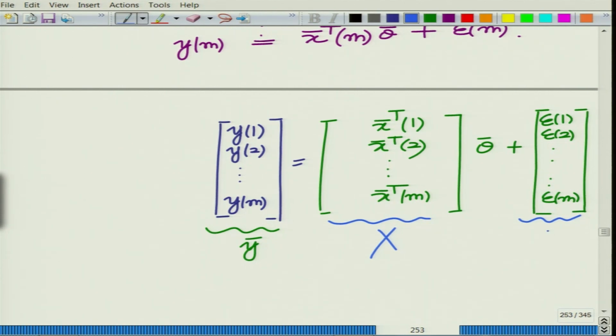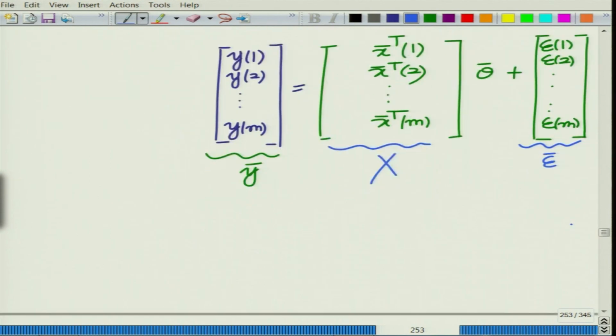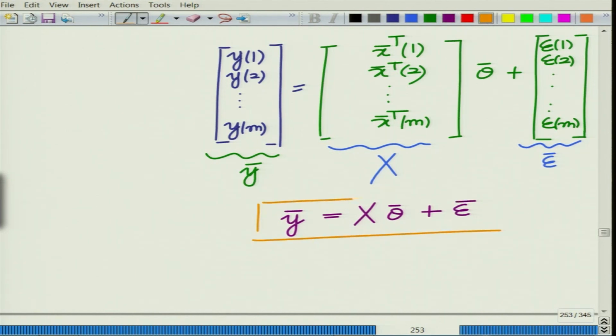This is your vector epsilon bar, which is the error, and therefore, I can write this as y bar equal to X theta bar plus e bar, right. So, this is your model for the training data, all right. So, these are basically the regression outputs corresponding to the explanatory training vectors and the training responses, all right.